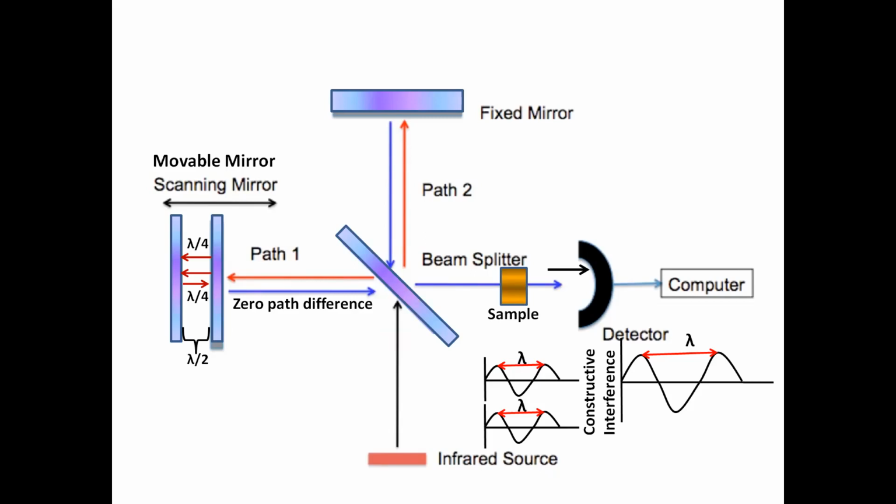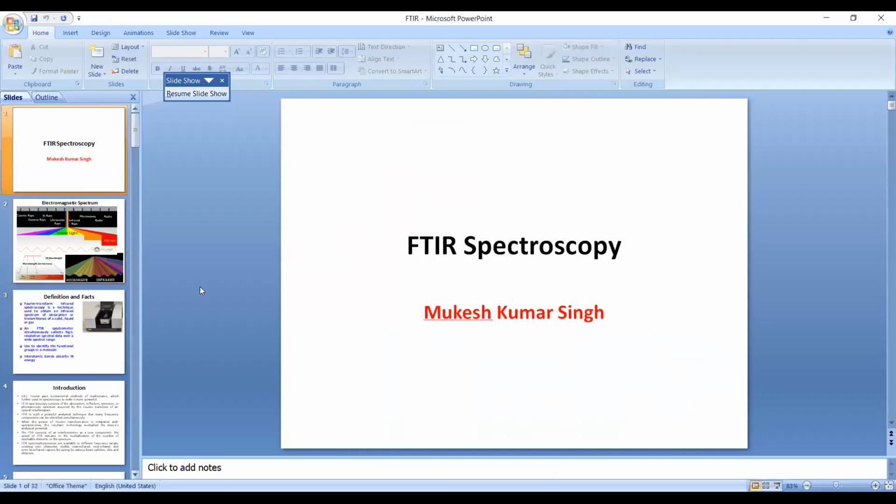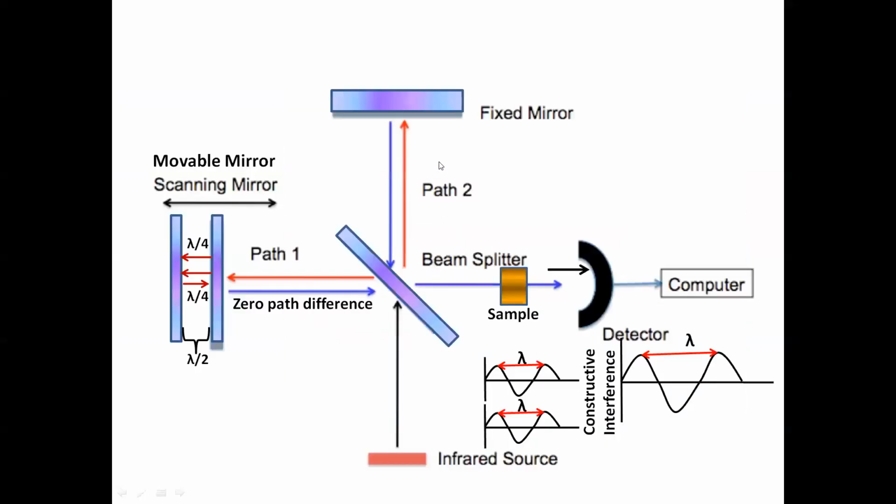Now the component which is reaching the fixed mirror will reflect in a similar way. But the component which is going to the movable mirror, suppose this mirror will move in the backward direction.